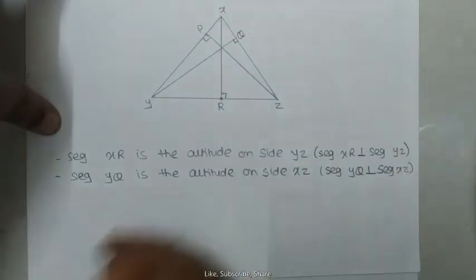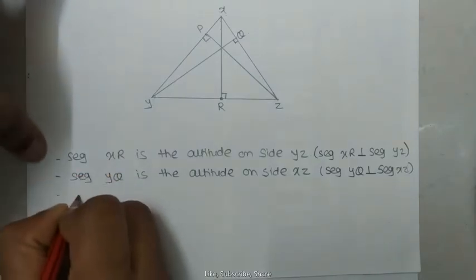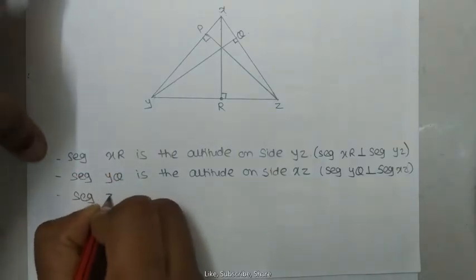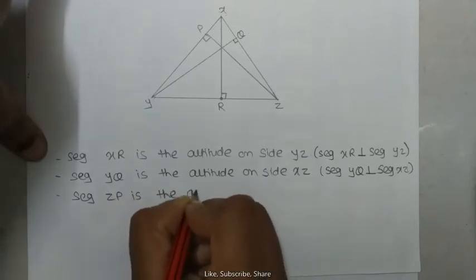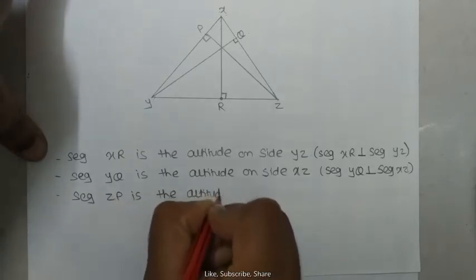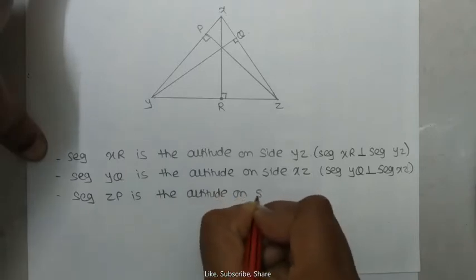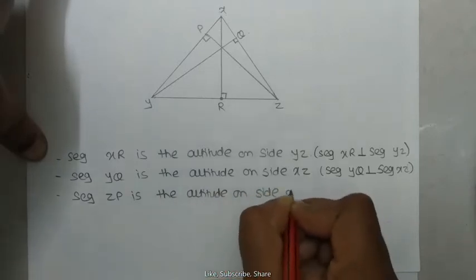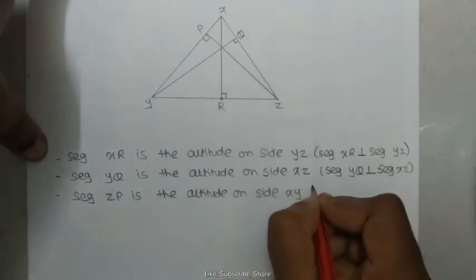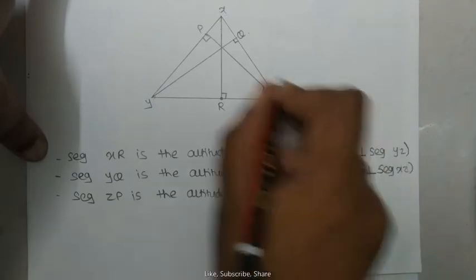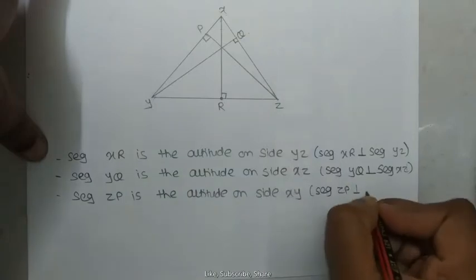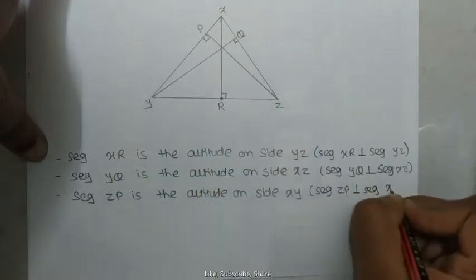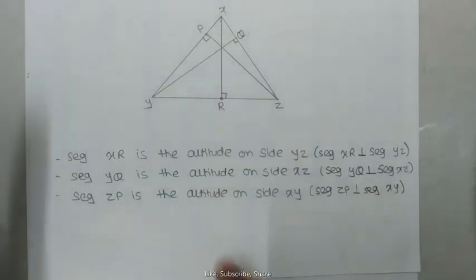So how to write this one? Segment ZP is the altitude on side XY, and segment ZP is perpendicular to segment XY. Clear?